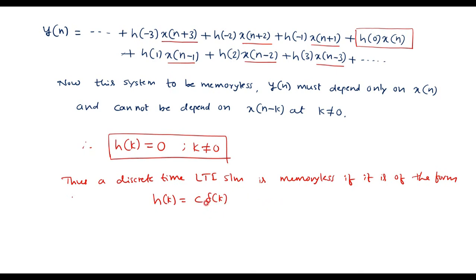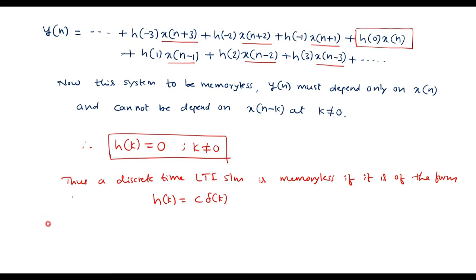So here we can see that delta of k value is 1 only when k is equal to 0. If k is other than 0, then h of k value will be 0. Thus the condition for memoryless is h of k is equal to 0 when k is not equal to 0.